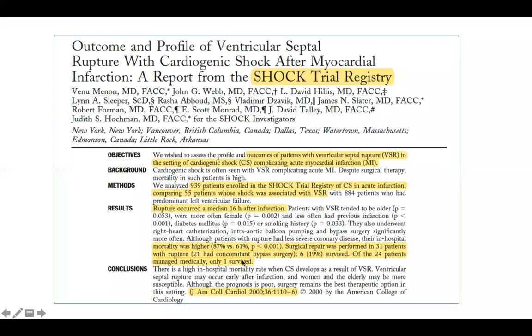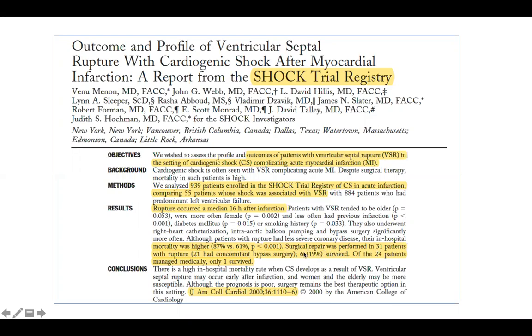What they saw was that those who were medically managed had 87% mortality compared to 61% mortality for those managed with surgery. But surgical repair was performed in only 31 patients, not in all 55. Only 6 survived; out of 31, 25 died.